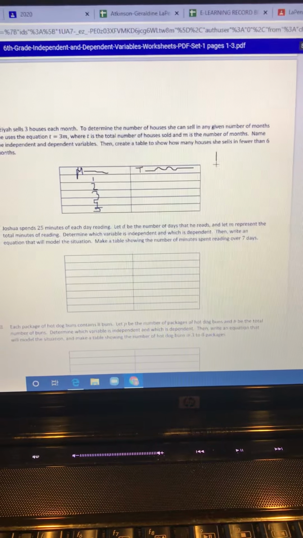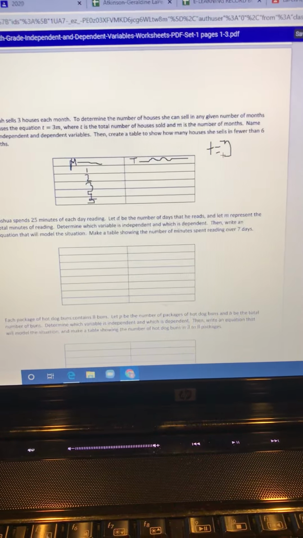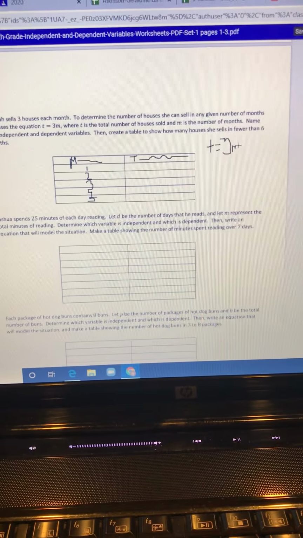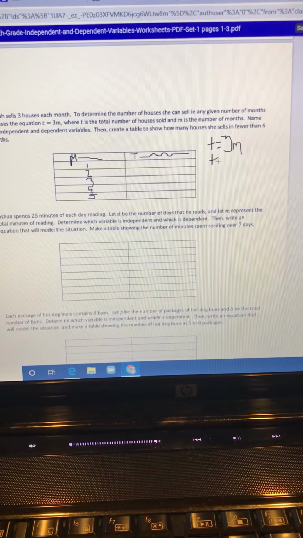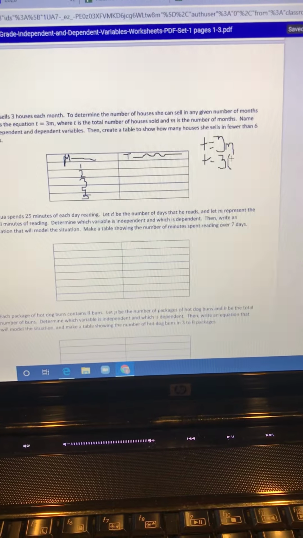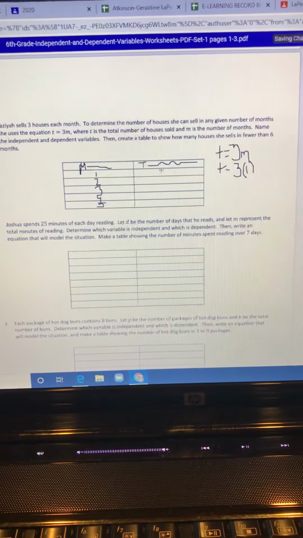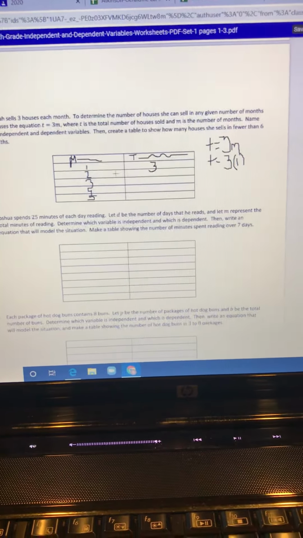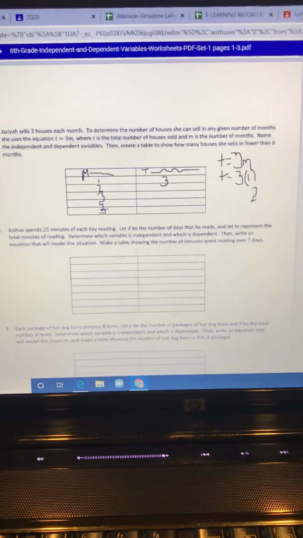So since the equation is T equals 3 times M, I'm going to go, well, T equals 3 times 1 for the first month. And what is 3 times 1? I think that's pretty easy. So that would be 3. If I put 2 here instead, number of months is 2.